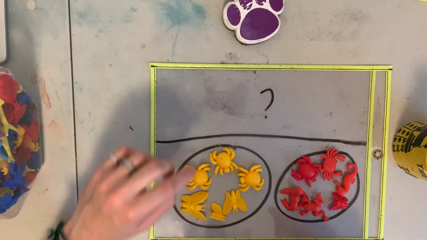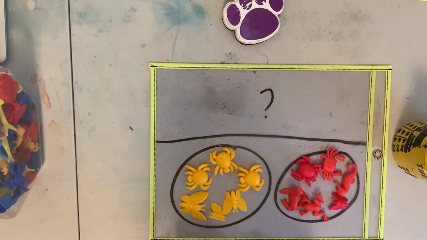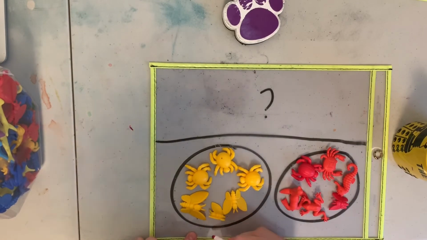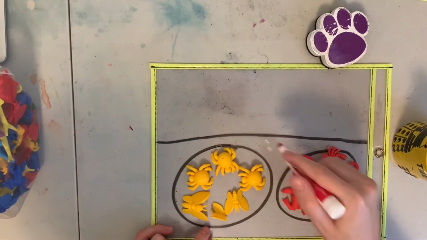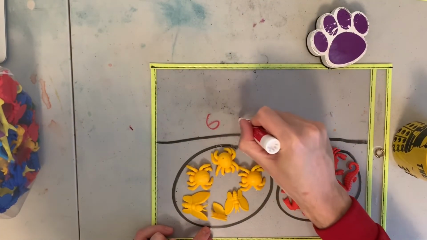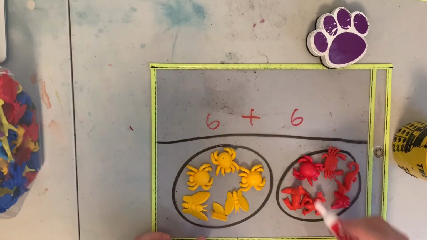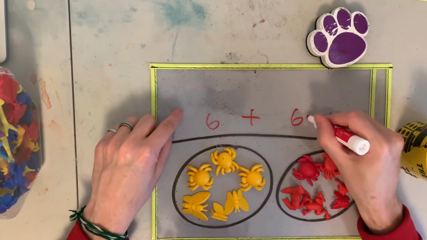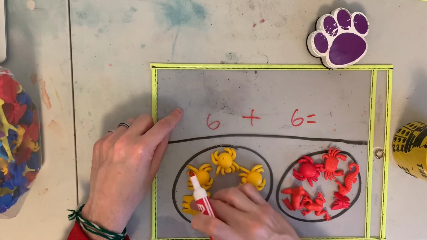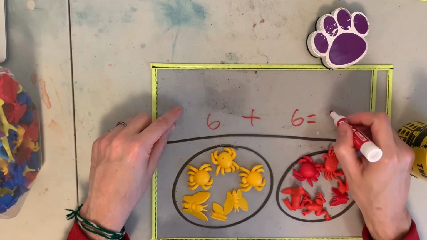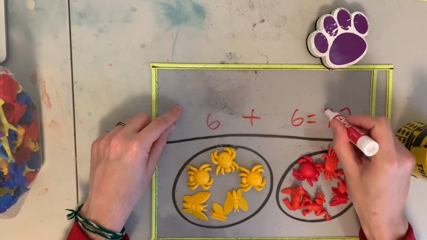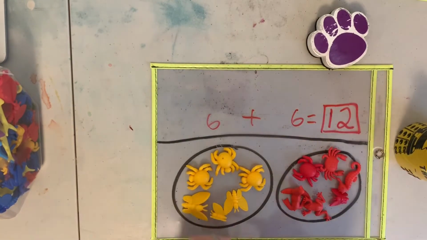So this can look like, again, 6. I can write it here. So this means that we have 6 plus 6. 6 más 6. This equals, como dijimos ahorita, 1, 2, 3, 4, 5, 6, 7, 8, 9, 10, 11, 12. This equals 12. This is the whole.